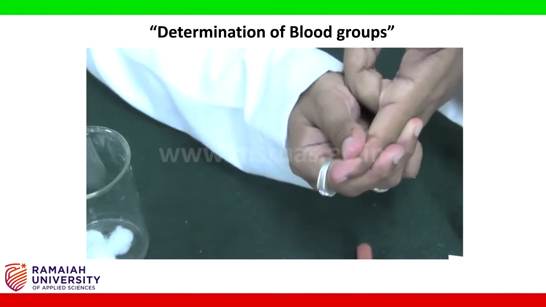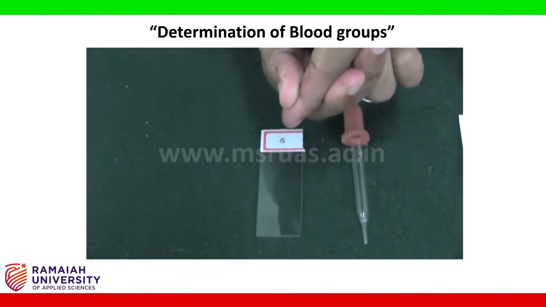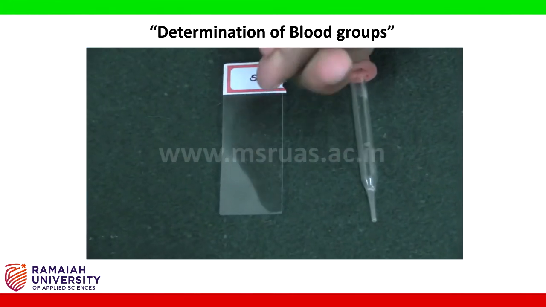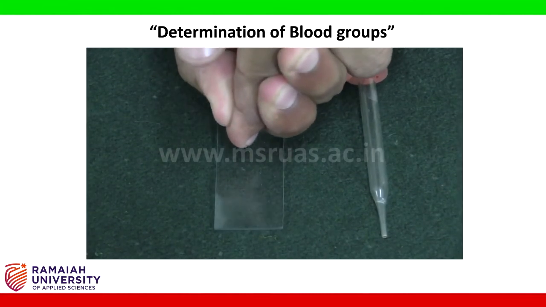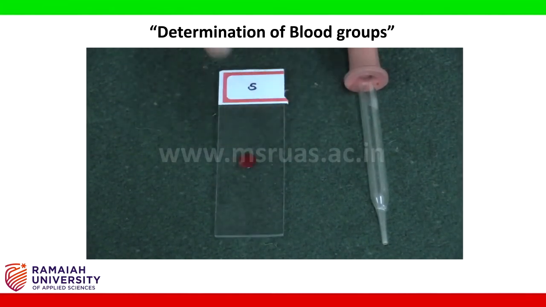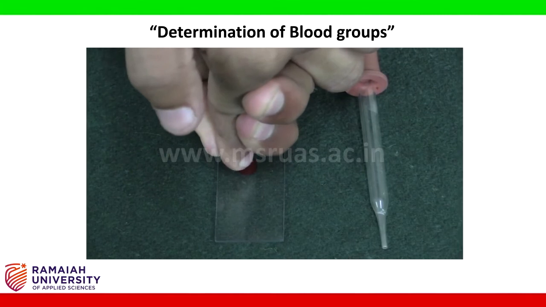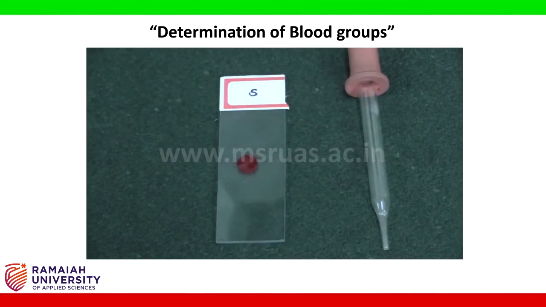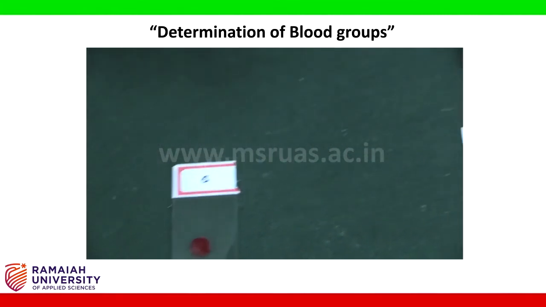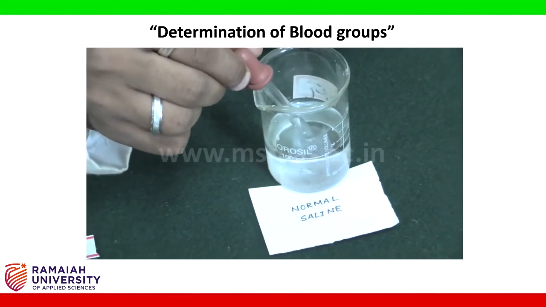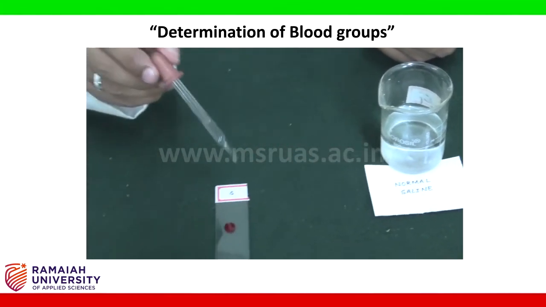Then add 2 drops of the blood on the slide named with S. After adding 2 drops of blood, add 7 to 8 drops of normal saline.